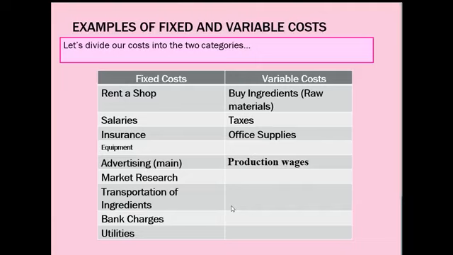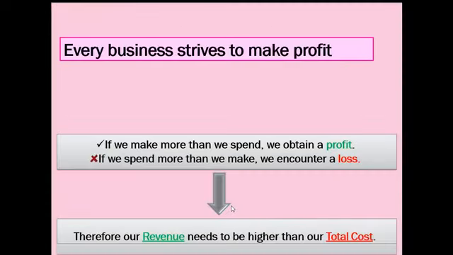If I have not produced any good, then there will not be a need to transport the good. So the transportation of ingredients talks about the transportation of raw materials, input, while the transportation of goods talks about the transportation of output. And output comes after production. So these are the examples of the cost we shall be looking at today.